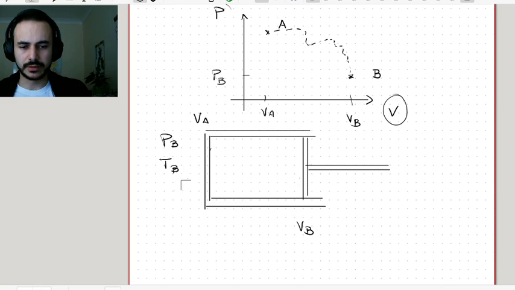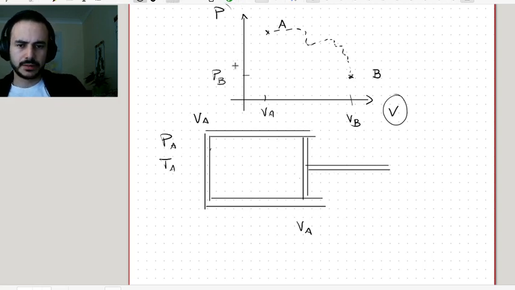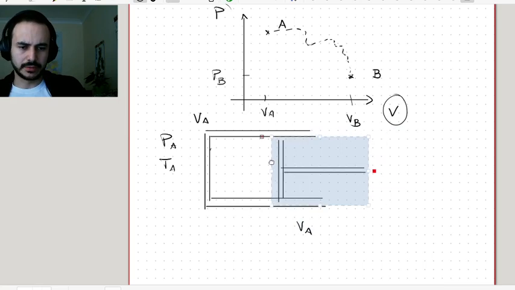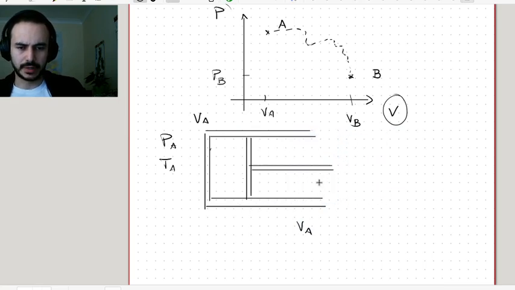So let's do a slightly different thing. Let's go back to VA, PA, and TA in equilibrium. We move the piston back to its original position around here, and we have the homogeneous gas.